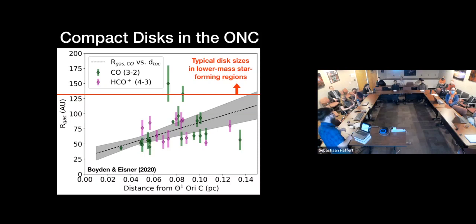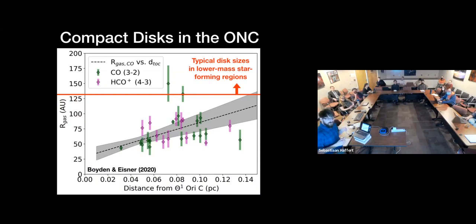And these sizes are smaller than the values derived towards those disks that are found in lower mass star forming regions and prone to that reprocessing of CO. And this difference is often attributed to the presence of massive stars in the ONC that can strip the outer regions of protoplanetary disks of planet-forming material.